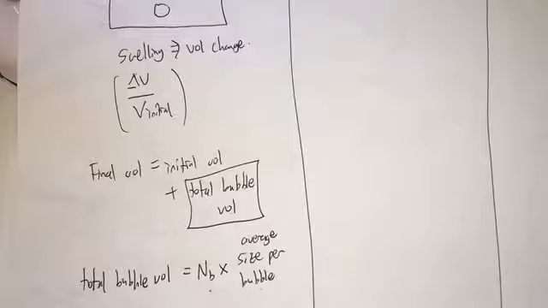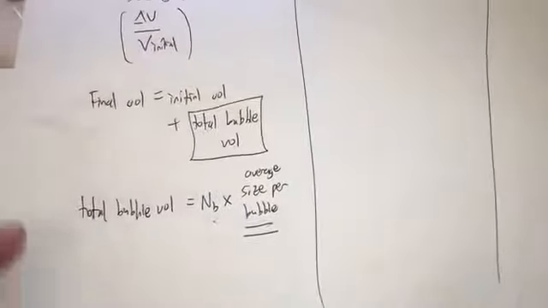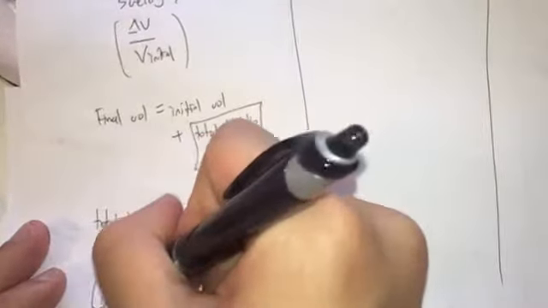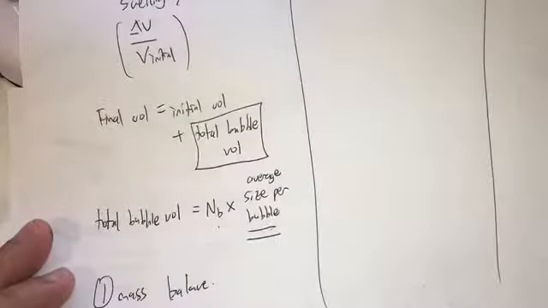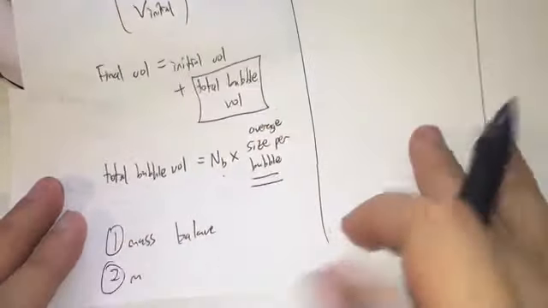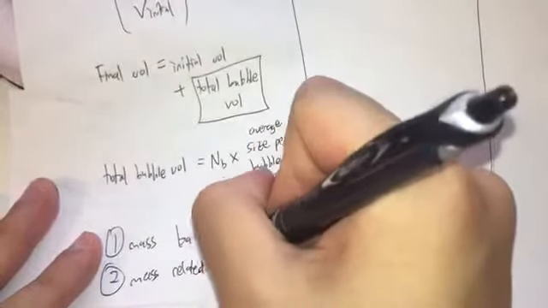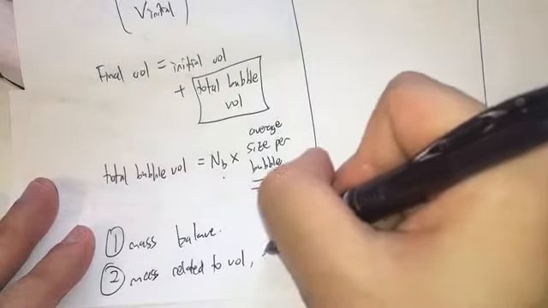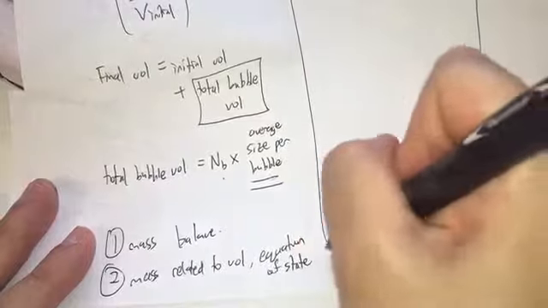So how can we find some representative size of the bubble? Firstly, we can do a mass balance. Once we have found the mass, we can relate the mass to volume by some equation of state. What's an equation of state?